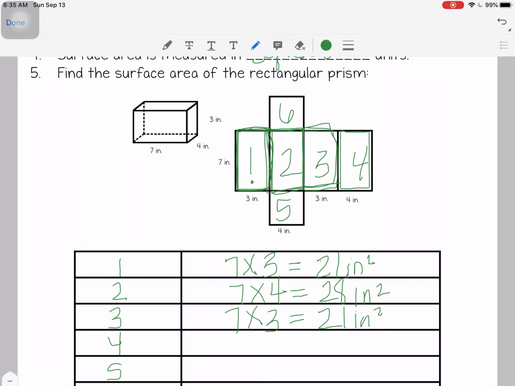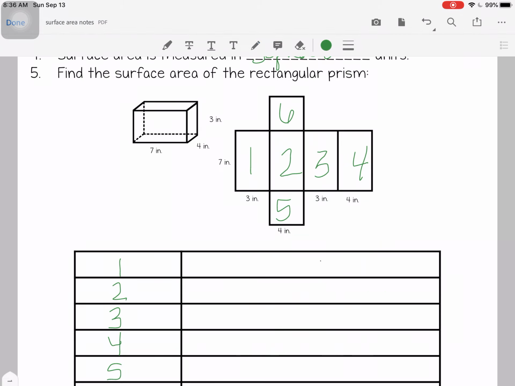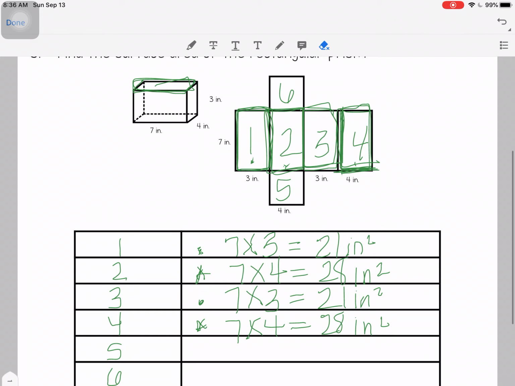Number 4 on our net is here on our solid, and it's opposite number 2. So number 2 and number 4 are opposite, so they have the same measurement, 7 by 4, which equals 28 square inches. So you notice opposite sides are equal. Let's look at number 5. Here's number 5 on our net, which represents the side of our prism.